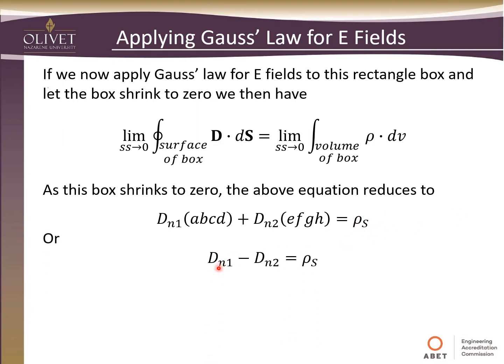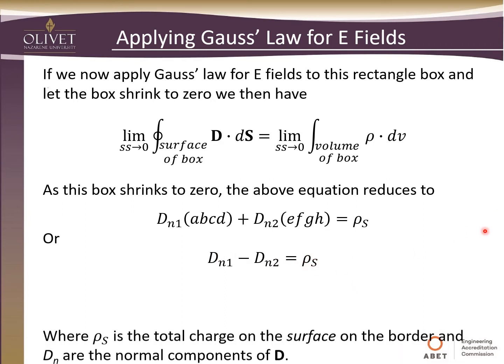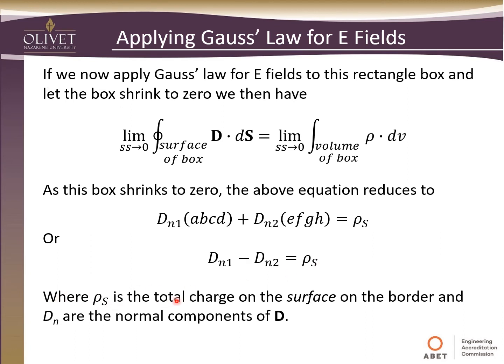So we could rewrite this to say the normal component of the displacement vector in medium 1 minus the normal component of the displacement vector in medium 2 has got to equal whatever charge may be present. Of course, if there is no charge present, then they have to be equal according to Maxwell's equations. So again, this is the total charge on the surface, on the border between the two mediums, and Dn is the normal components of D.